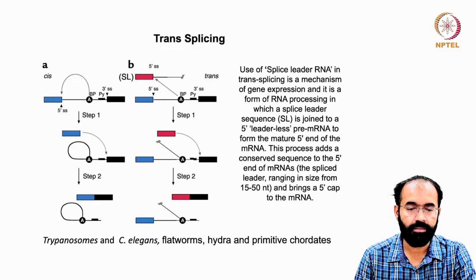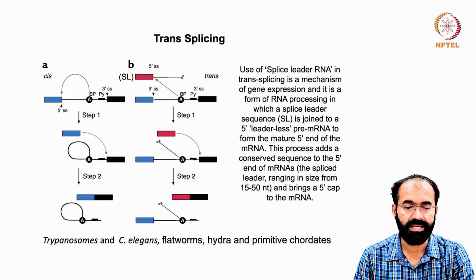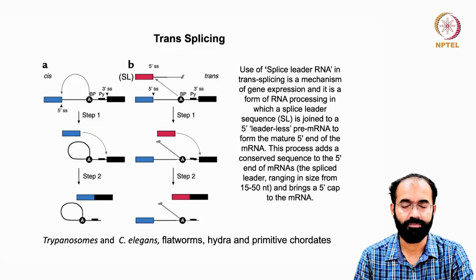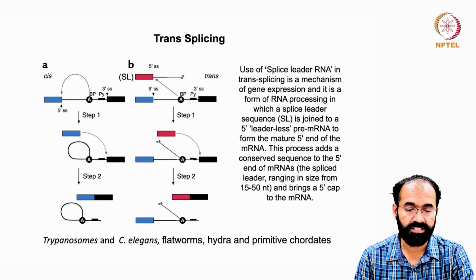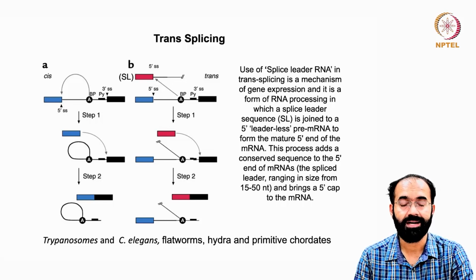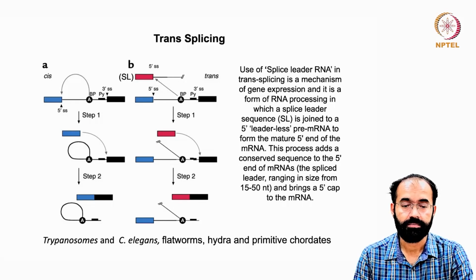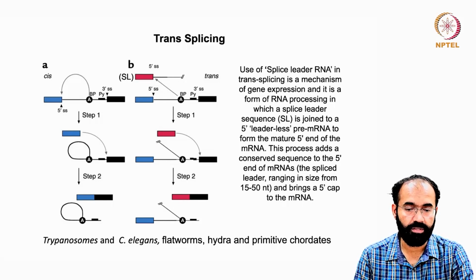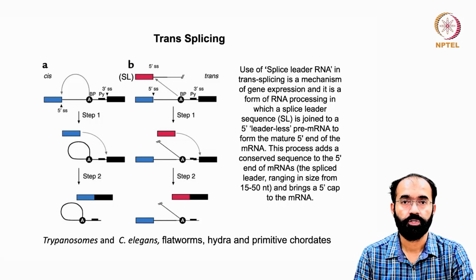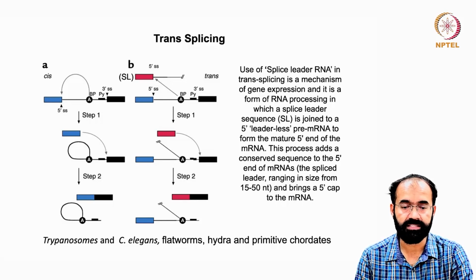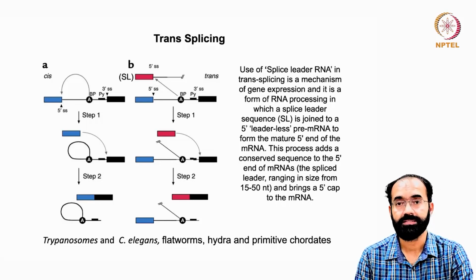And you can see here this red colored exon, which is a splice leader sequence. Now the branch point from one of these RNAs, present on the intron of one of these genes, instead of going to this splice site, goes to the trans splice site, and subsequently the splice leader sequence does the second transesterification reaction onto the RNA's second exon.